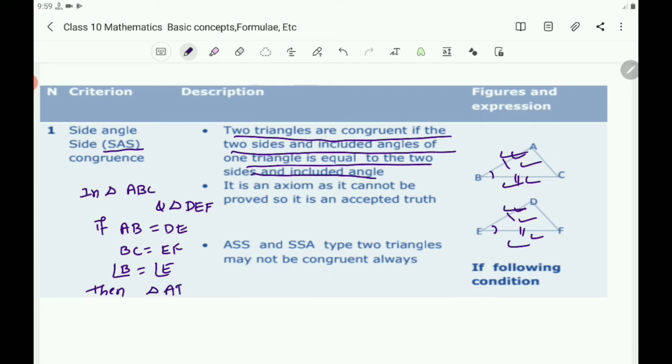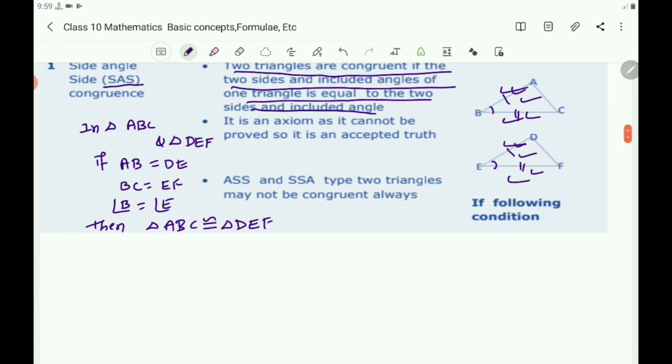Triangle ABC is congruent to triangle DEF, that you can write here.